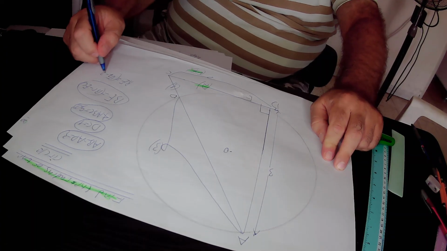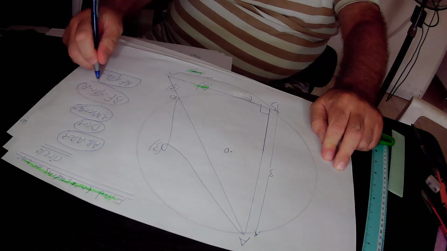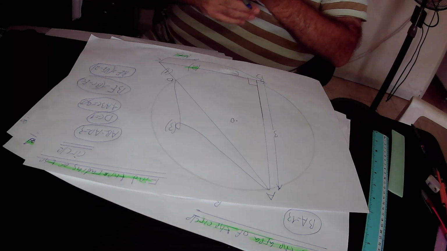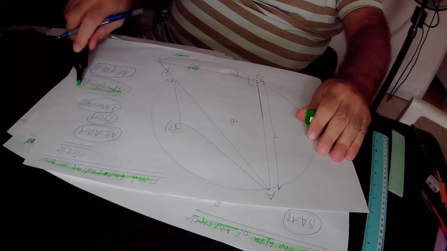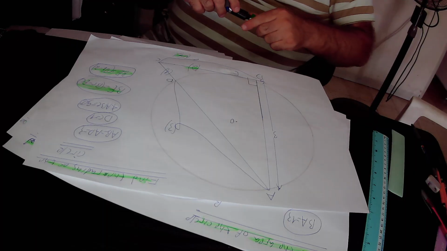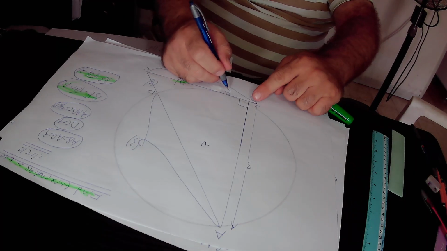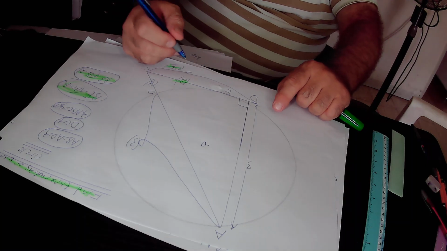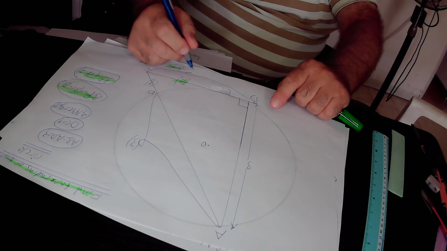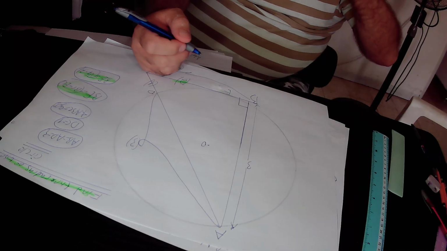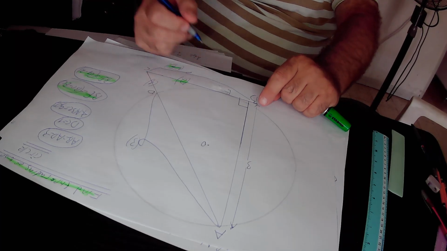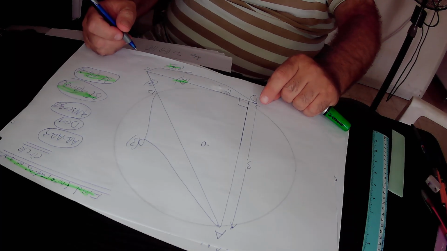EC is 2. So in total, we found out that BE equals the square root of 7 minus 2 units in its length. This is the line segment BE, that equals the square root of 7 minus 2 units in its length.